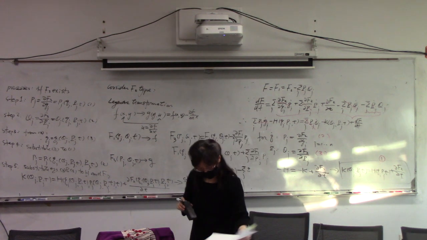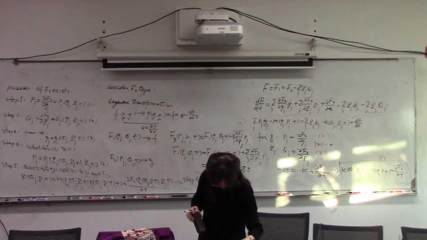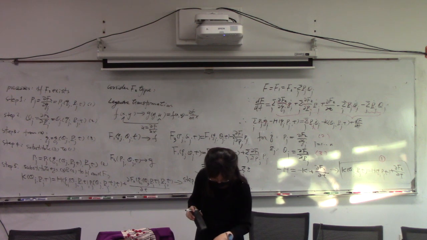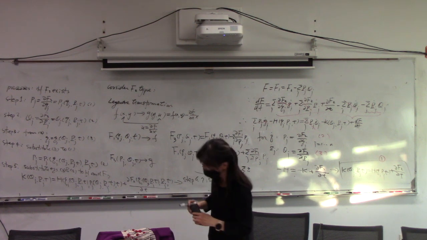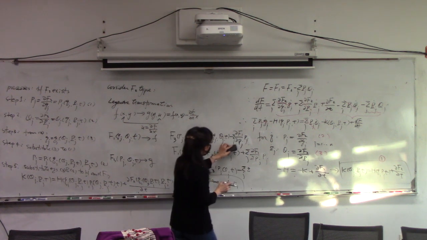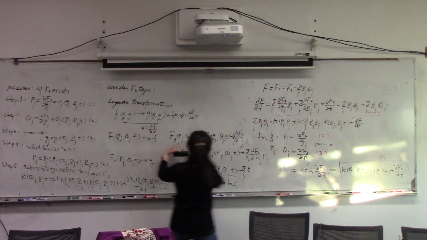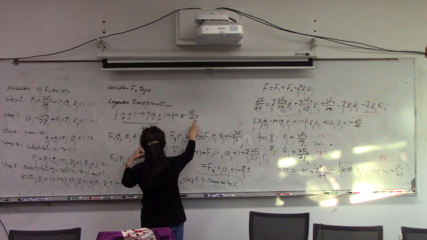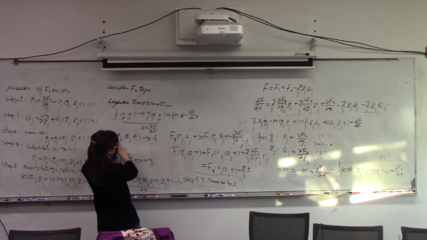F1 has no dependence on p, only on the old q. This is the old one, not p.